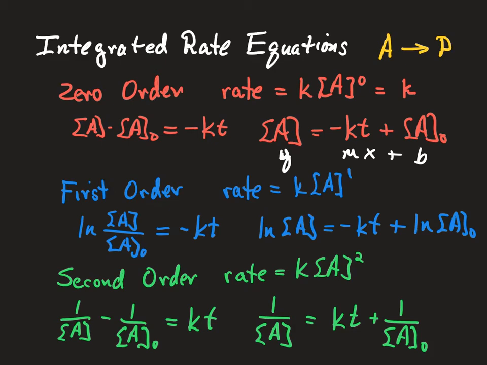If we plot 1 over the concentration of A versus time and we get a straight line, then we're second order. So we can use these plots of concentration versus time data to determine our reaction orders. So we'll show a couple of examples of that.